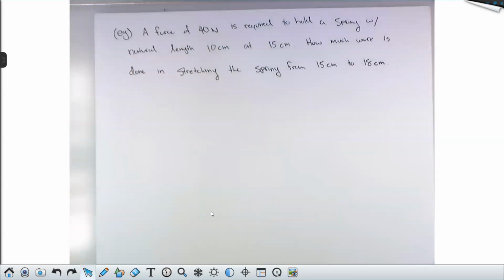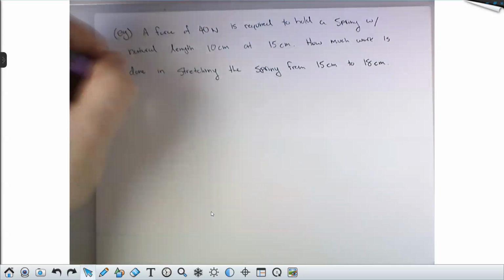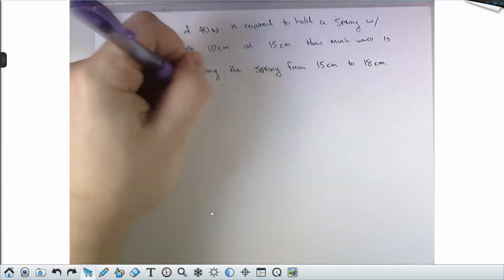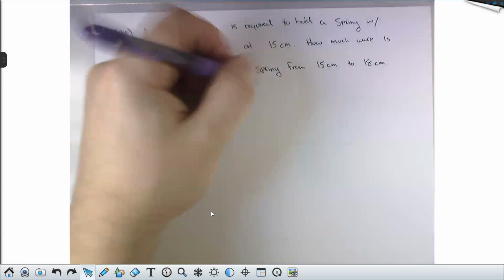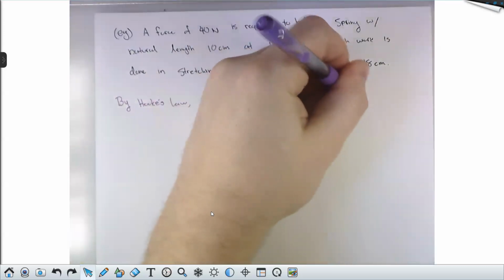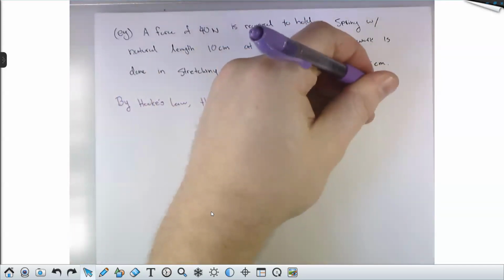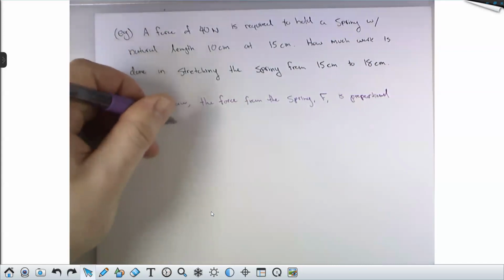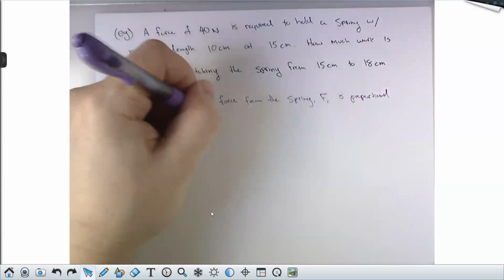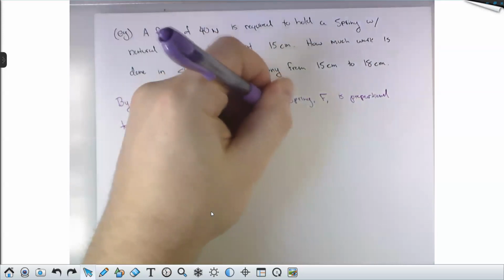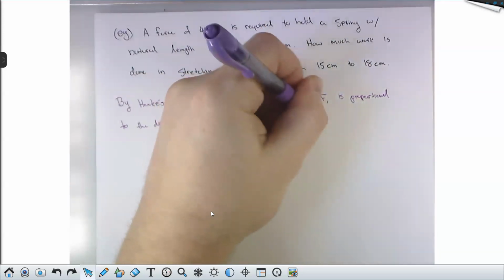So by Hooke's law, the force from the spring F is proportional to the distance x it has been stretched from its natural length.